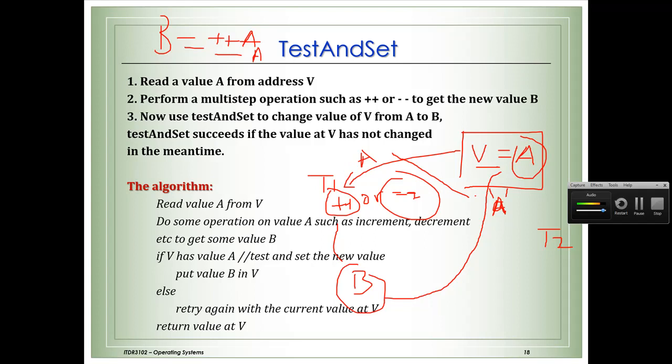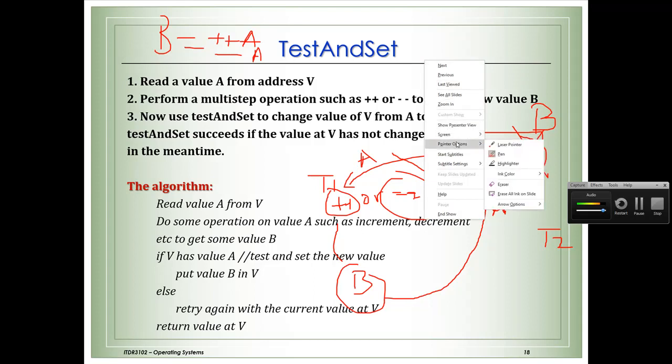If A and A dash are the same, then it would remove A and store the value B in the memory location. Clear?